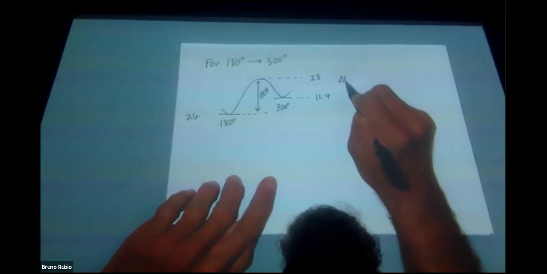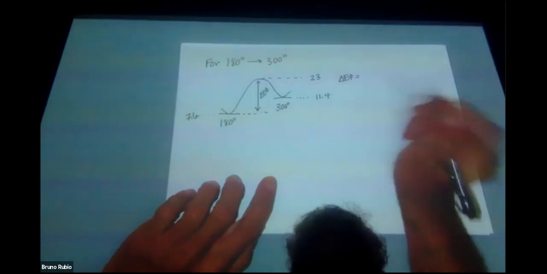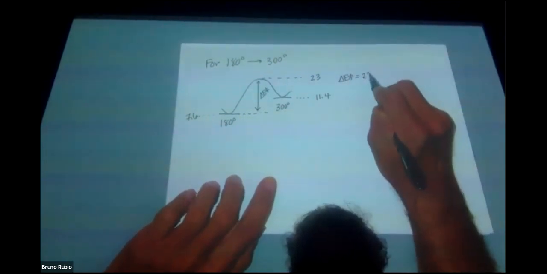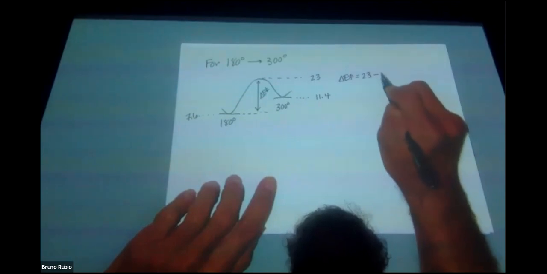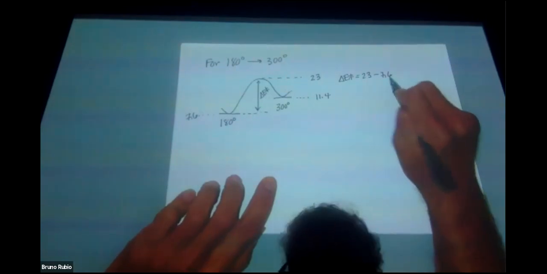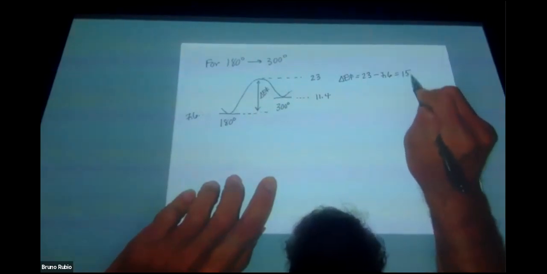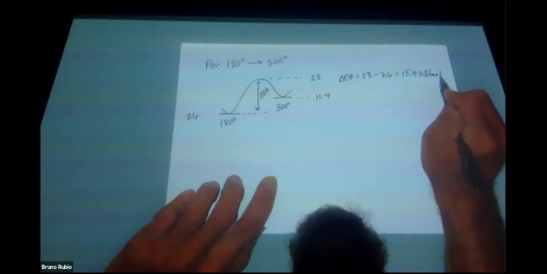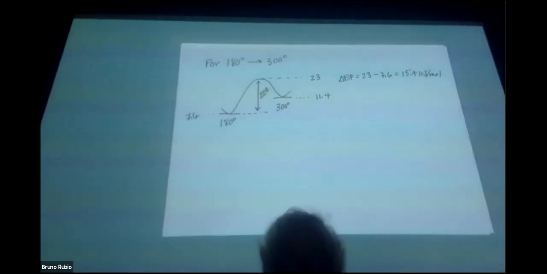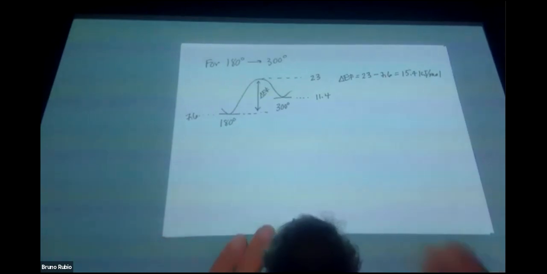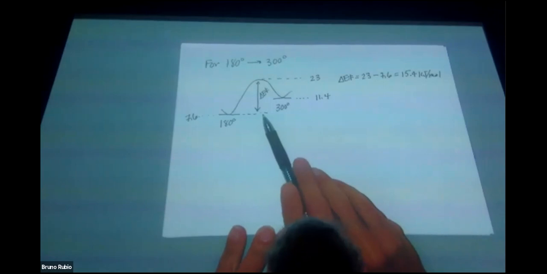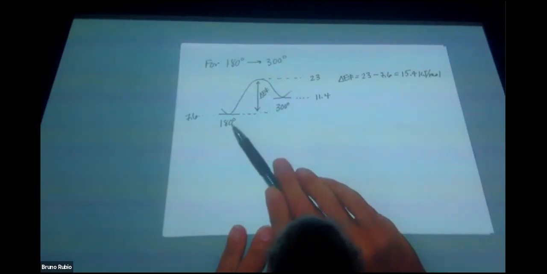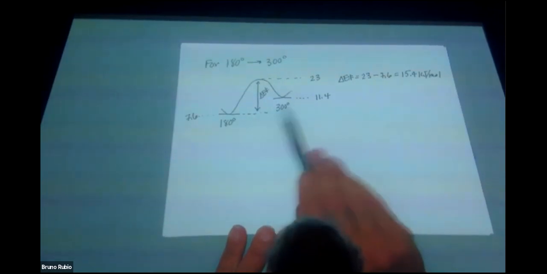And so delta E double dagger is equal to 23 minus 7.6, which is 15.4 kilojoules per mole. So notice what this activation barrier is not. This activation barrier isn't the energy difference between valleys.